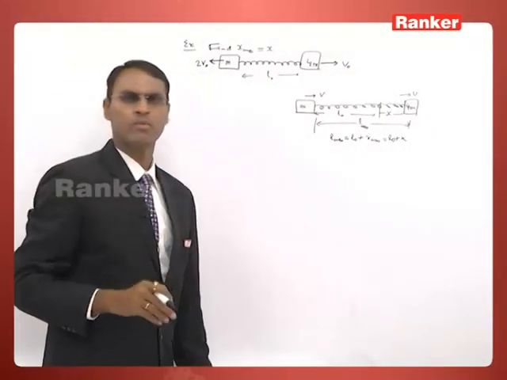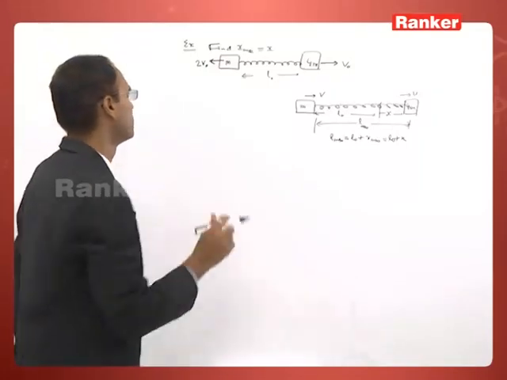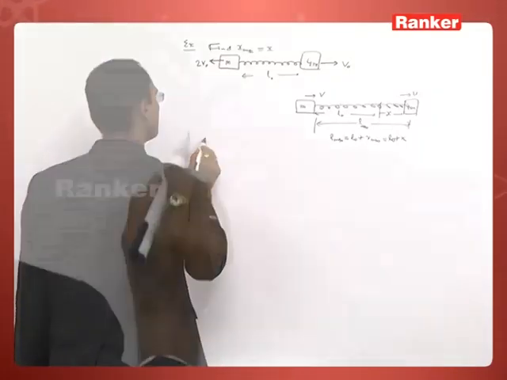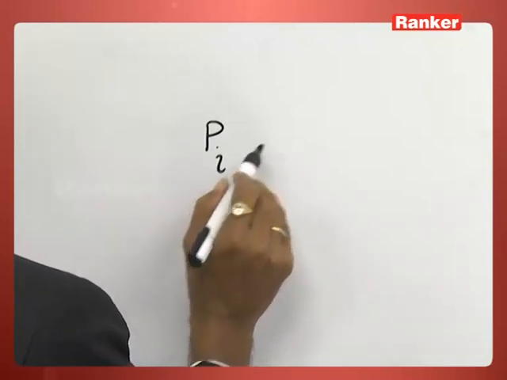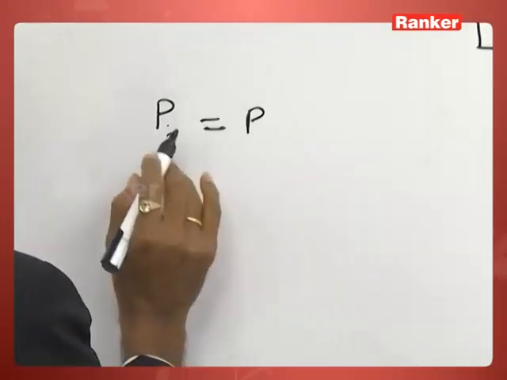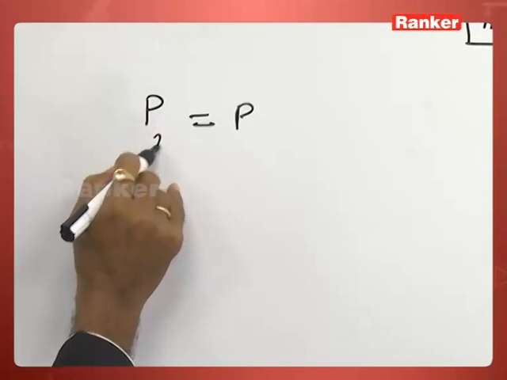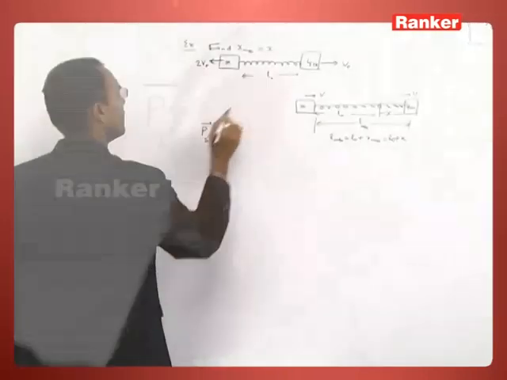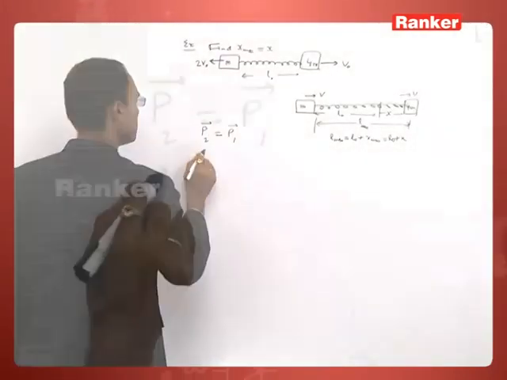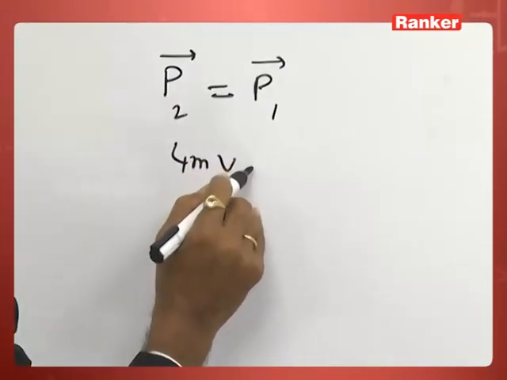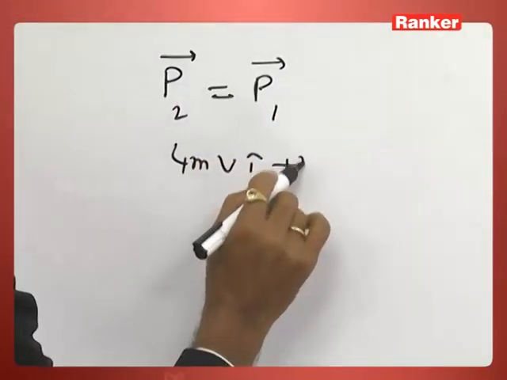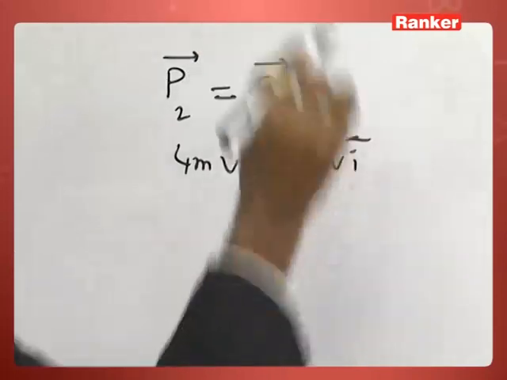Conservation of momentum holds good. Therefore you can just write Pi equal to Pf, or P2 equal to P1. P2 equal to how much? 4mv i cap plus mv i cap.